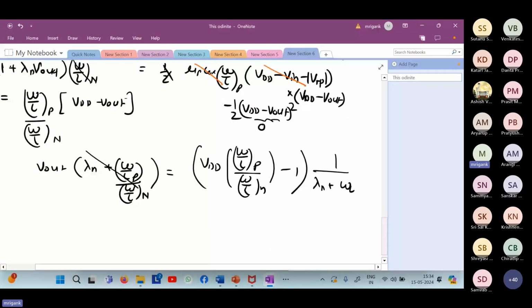Remember, lambda, what is the value generally you get in your experiments? Have you estimated lambda N, lambda P? In your lab experiment, the devices that you characterize, what is the lambda value? Do you remember?